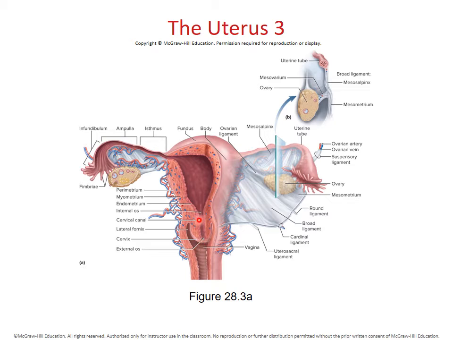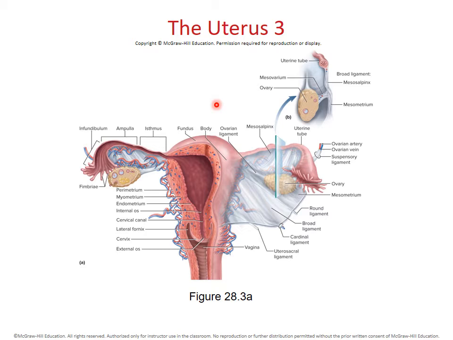You'll also notice that the cervix hangs down into the vaginal canal, which is down here, and that there are portions of the vagina that seem to go up along the sides of the cervix. These are referred to as the fornices of the vagina, the lateral fornices that go up each side of the cervix.